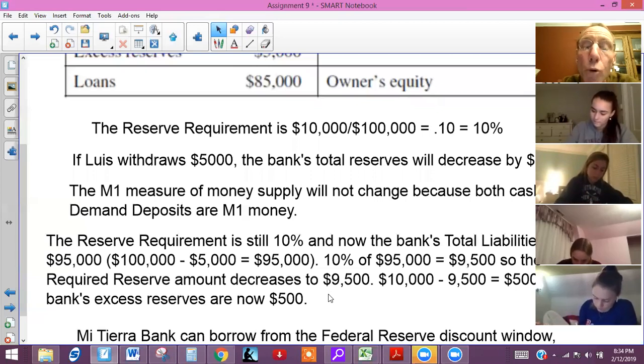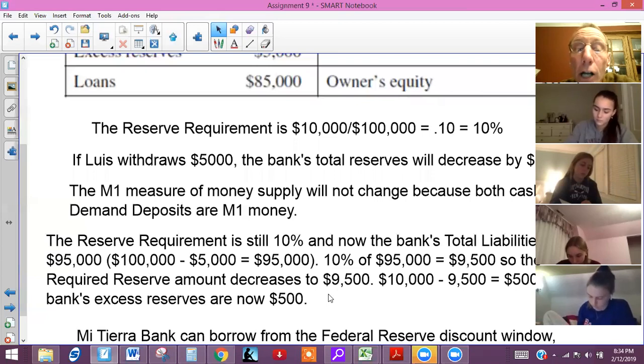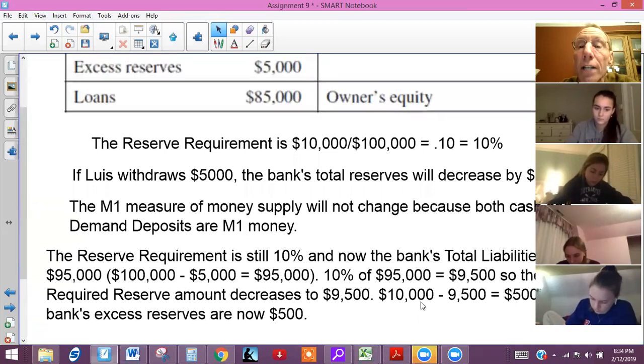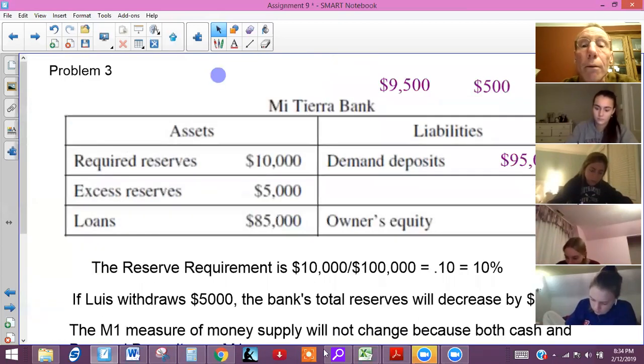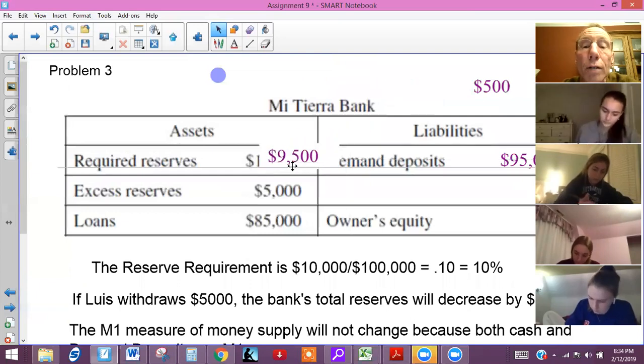So their total liabilities decrease down to 95,000. Now, here's why it's important that the required reserves is a percentage, not just a dollar amount, because it's still 10%, but 10% now of 95,000 instead of 100,000. So that means that the required reserves now drop down to 9,500, right? So you've got an extra 500.